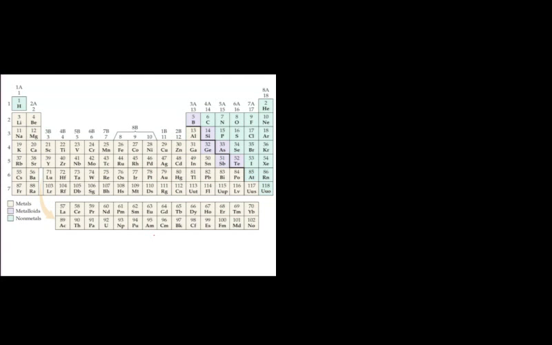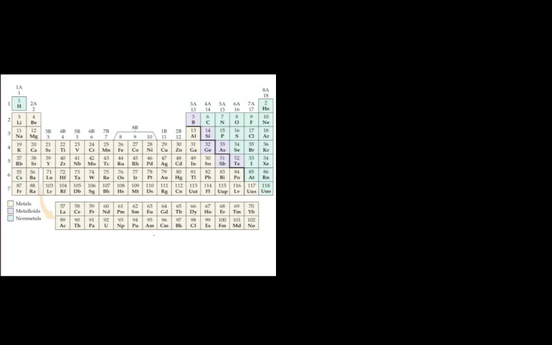So now you can tell me the charges. Like if I said to you, hey, what's the charge of bromine, the bromide ion, you would say what? Negative 1. Nitride? Negative 3. Sulfide? Negative 2. Strontium? Positive 2. Cesium? Positive 1. Zinc? Plus 2.